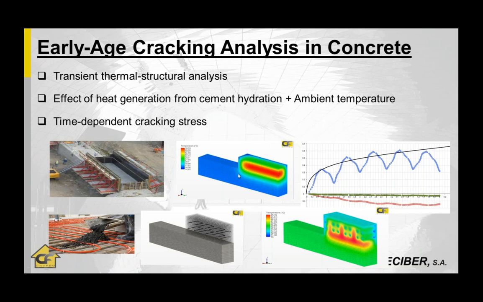So with this thermal analysis, on top of this point, we obtain this stress that is modifying. It is increasing due to the increase of the heat from the cement hydration, and also due to the ambient temperature, we have this modification between day and night.